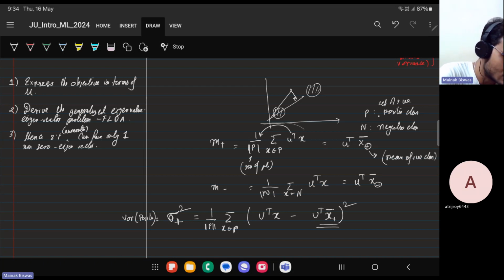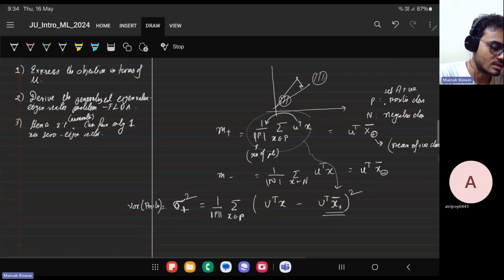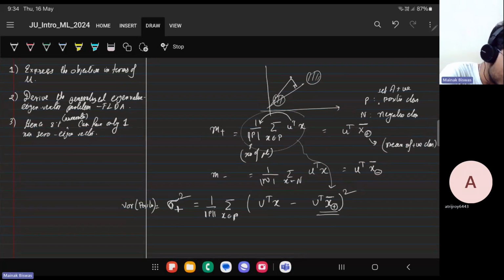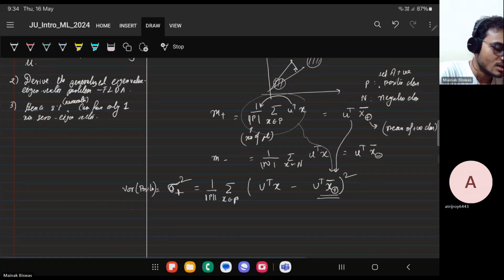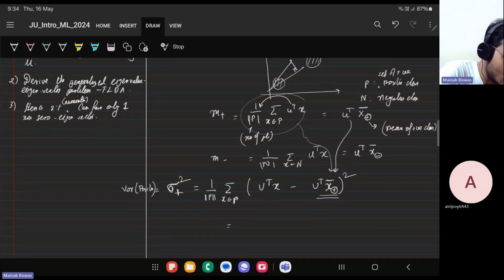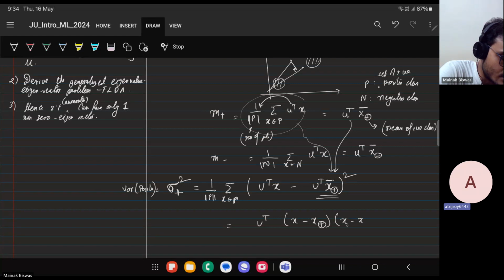Look at this. I'm just putting this, that reduces to X plus, the mean. So this turns out to be U transpose X minus X plus, X minus X plus transpose. Very good.